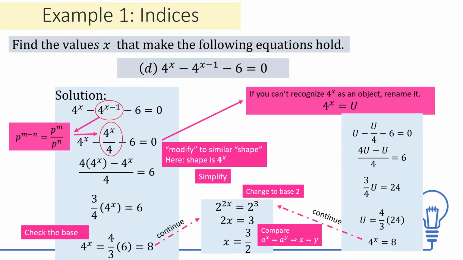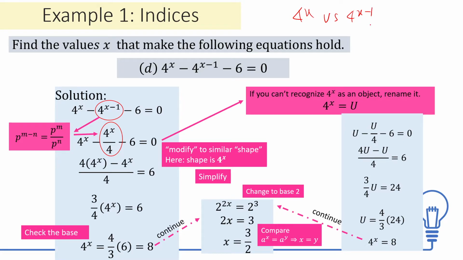Now this is the time we need to recognize what our object is, or what our shape is that we want. Over here we have 4^x and 4^(x minus 1). We know they are similar, but this one has a minus 1.